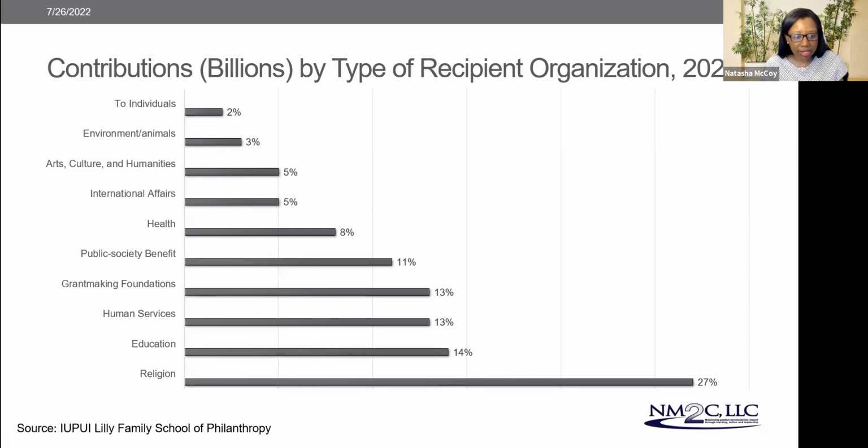So know that you are definitely in the zone when it comes to giving. People are giving for climate change. They're giving to help and address the needs of animals. So know that there is a small percentage, not comparable to education or human services, but the funds and dollars are out there and people are giving for those needs.